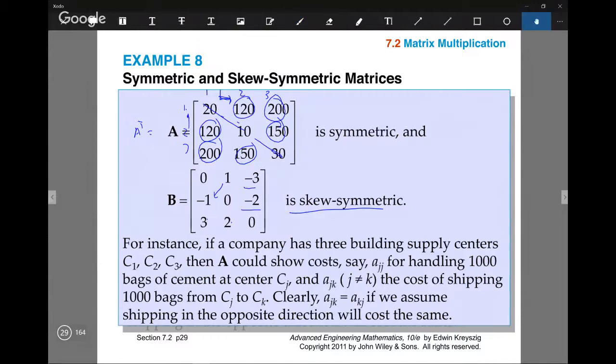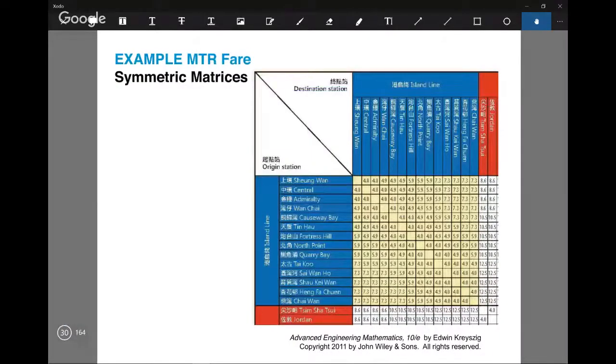If shipping just depends on distance, nothing else. Skew-symmetric things are more like vectors. When the cost of going from A to B is the negative of the cost of going from B to A, that's a skew-symmetric matrix. Other examples of symmetric matrices are costs of going from bus station A to station B, like on a map.